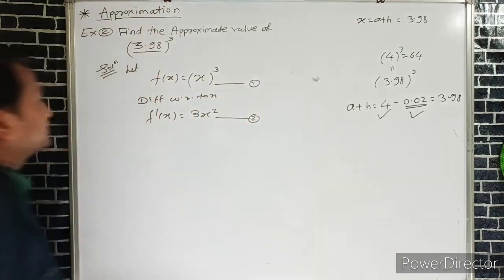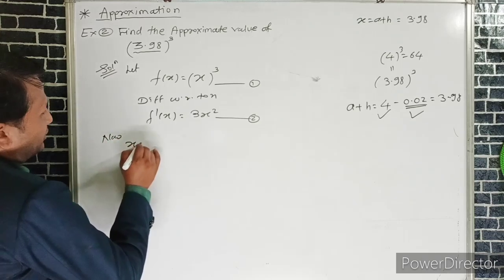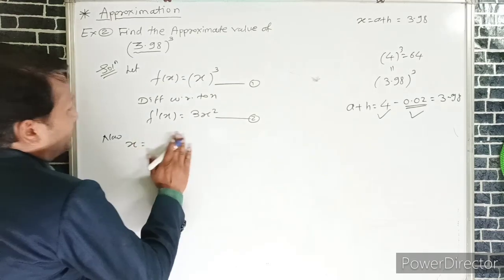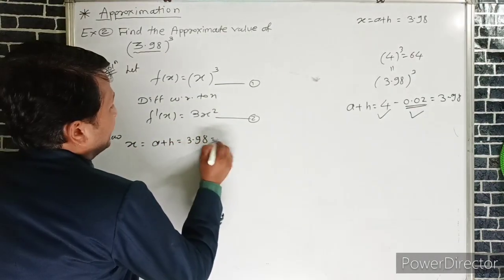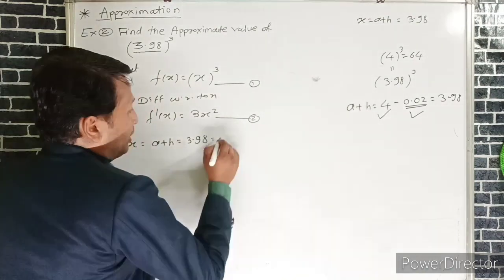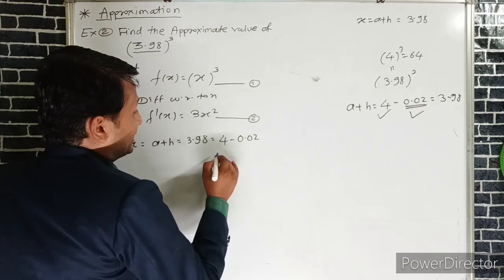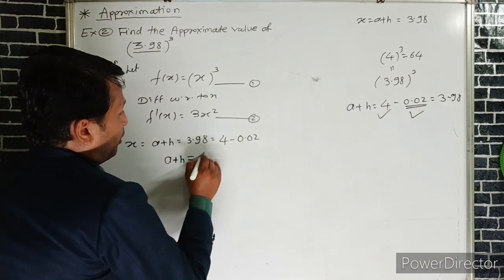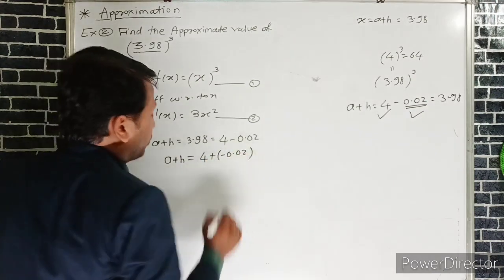Number second, now we know that x is equal to 3.98. x is equal to a plus h is equal to 3.98, and we can write this 3.98 as 4 minus 0.02, or we can write a plus h is equal to 4 plus minus 0.02.